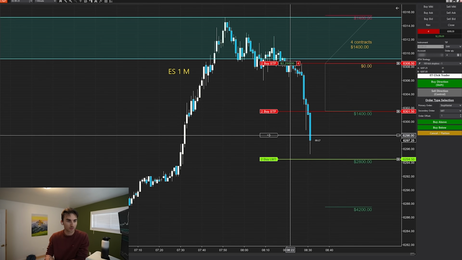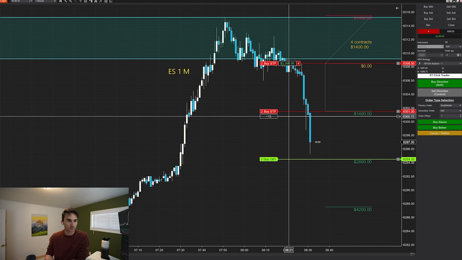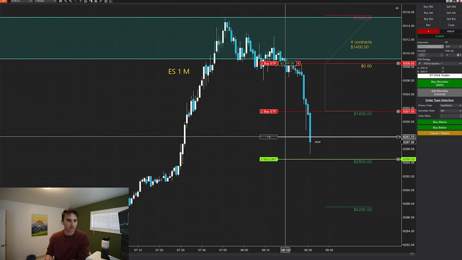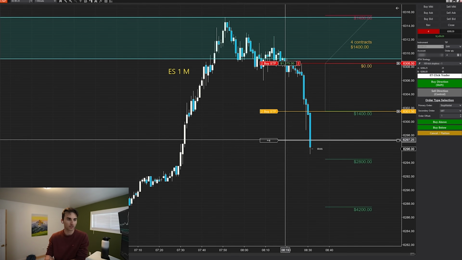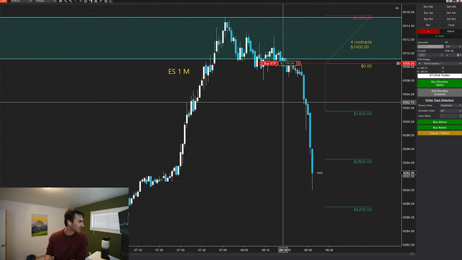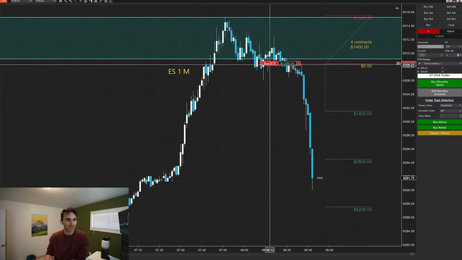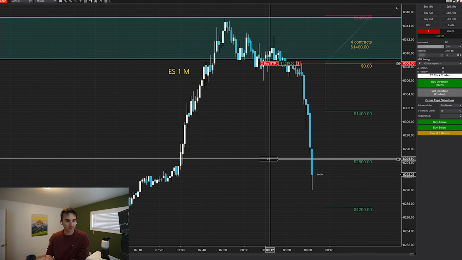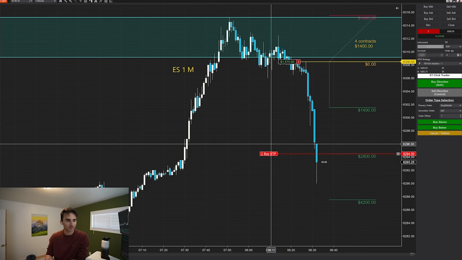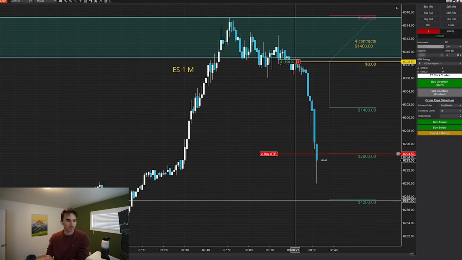Oof. I really want to pull this down. It literally just almost blipped it. Okay, it filled that. My computer's literally lagging. Okay, I'm moving the rest down here. It's a 2x.